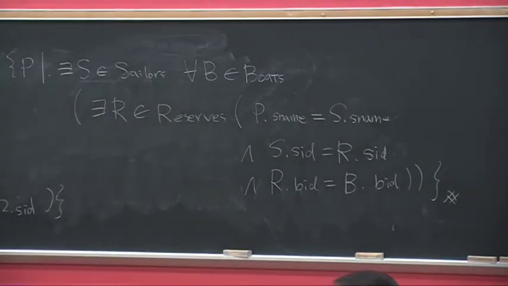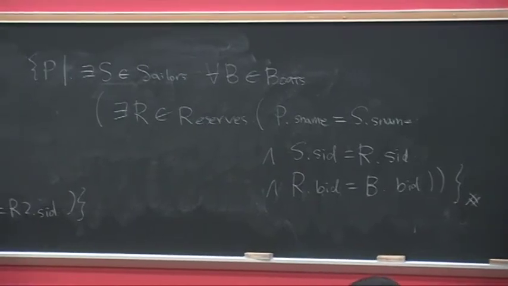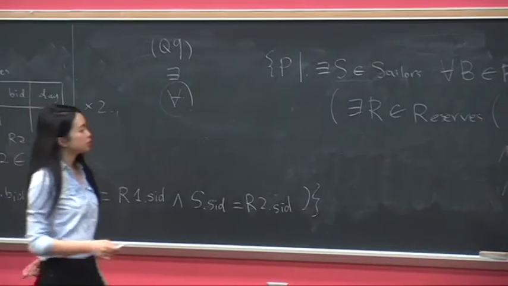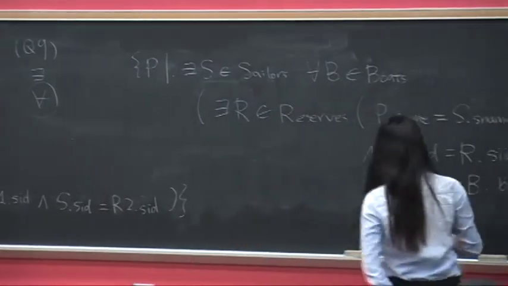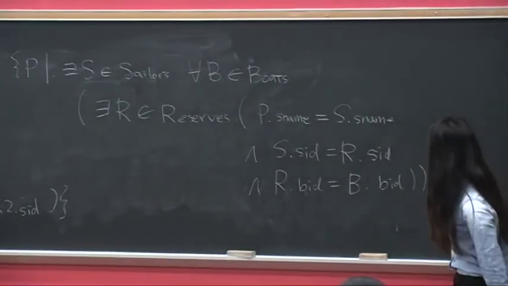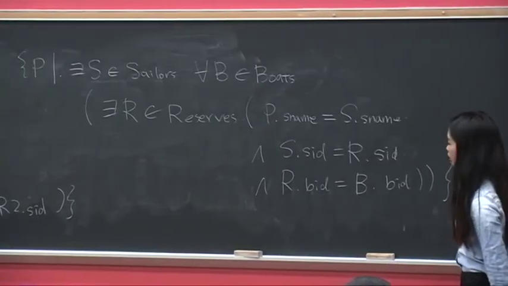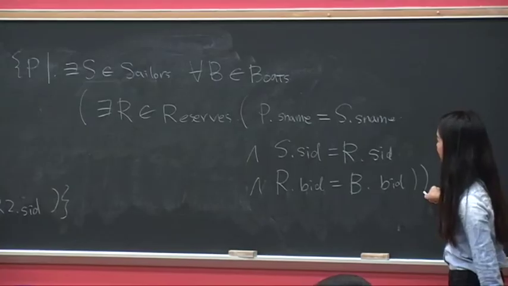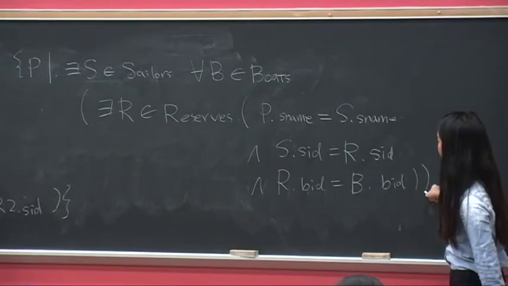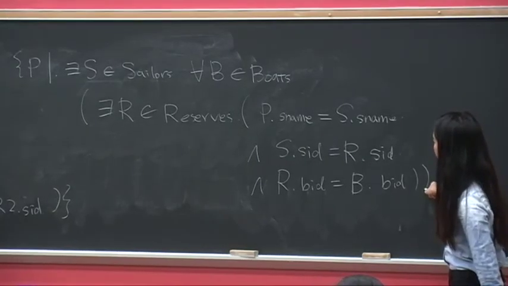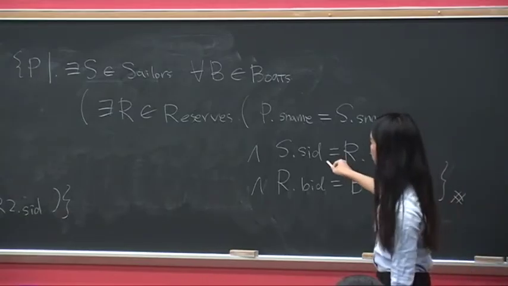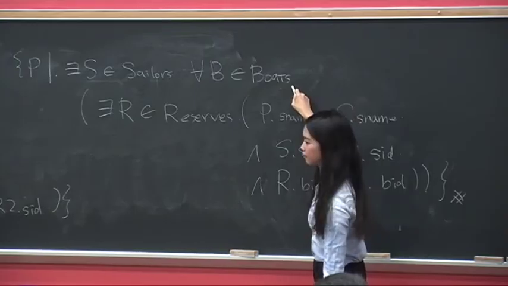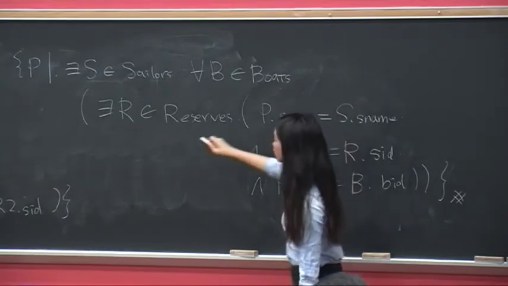If we remove the bracket after the boats and before the reserves, like normal. What are you saying? The bracket, the outer one. Not the curly, obviously, just the inside. This one, before the R for some R belonging to reserves. All of that, before where? Like after boats, the opening bracket for this.